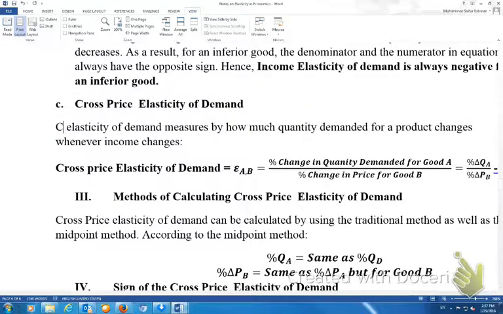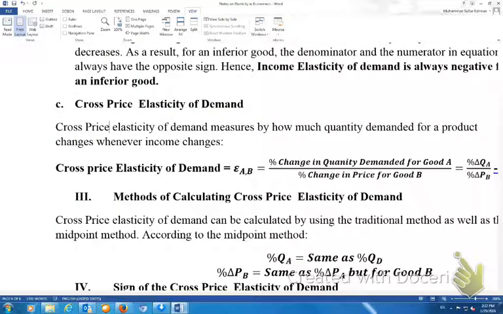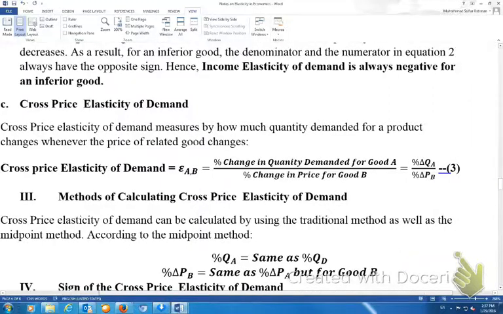Cross price elasticity of demand is a measurement that measures by how much your quantity demanded changes whenever the price of a related good changes. Okay, what do I mean by that?